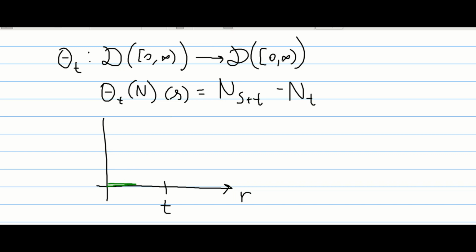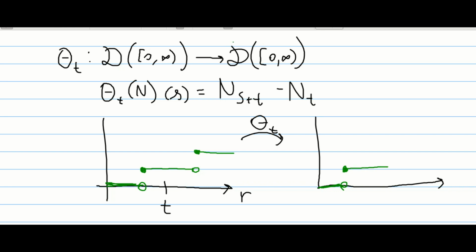It stays at 0, then it jumps to 1, then it jumps to 2, and so on. If we apply theta_t here, we are going to obtain another càdlàg function that I'll first draw and then explain. It stays a little bit at 0, then jumps, and stays a bit more. So what is the correspondence between these points? I'll mark here in purple, this point is this point here.